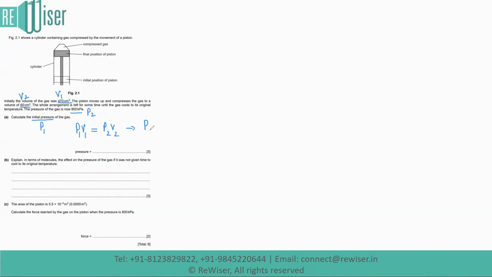You can rewrite the equation in terms of P1, since we're trying to find P1, as P1 is equal to P2 times V2, which is 800 times 10 to the power of 3, times V2, which is 60, divided by V1, which is 470. So we get the new value of pressure to be approximately 102 kilopascal.